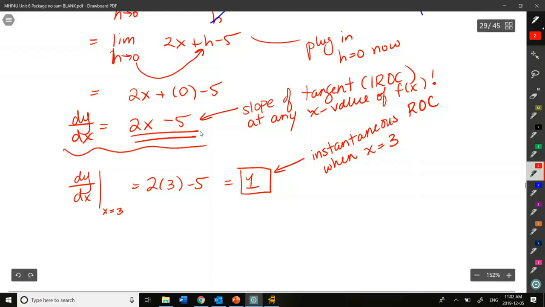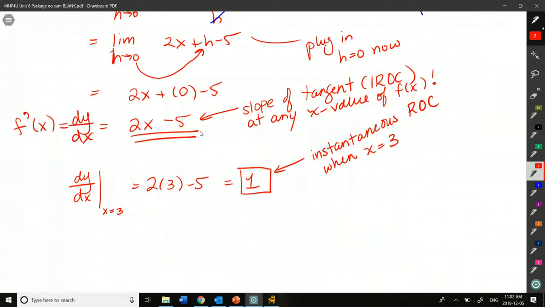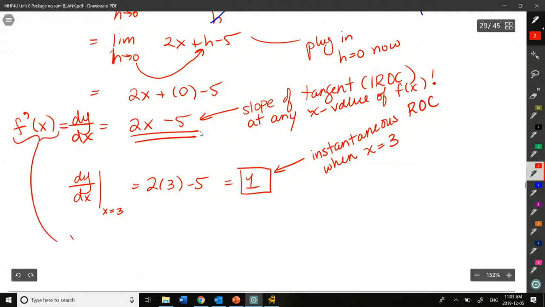This equation right here, often we refer to in this notation. It looks like f with a little apostrophe, and we read this as f prime at x, or f prime of x. Essentially this is the notation for the derivative of the function.